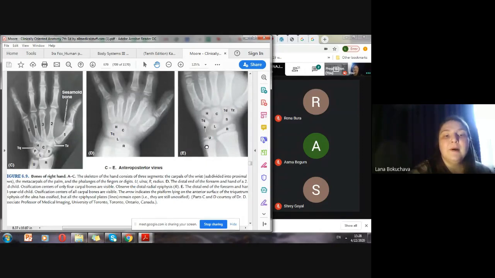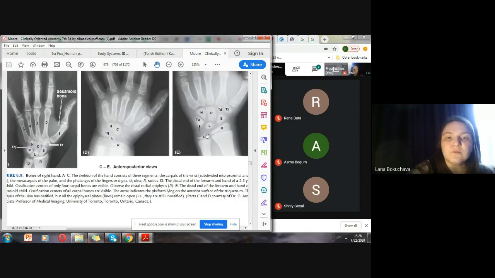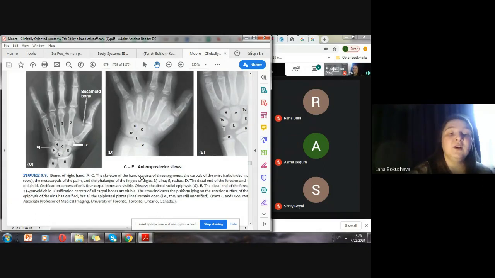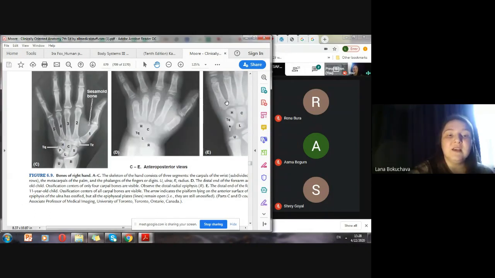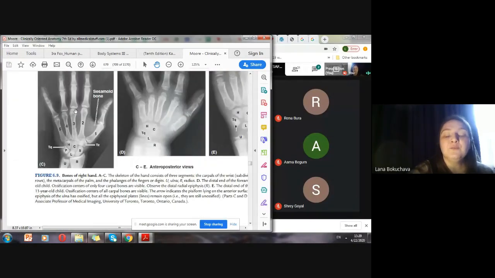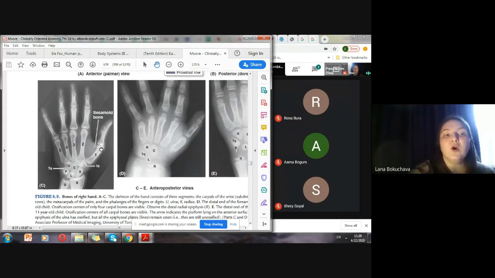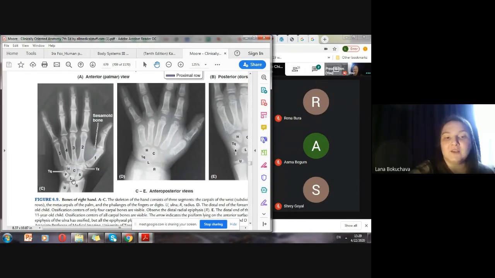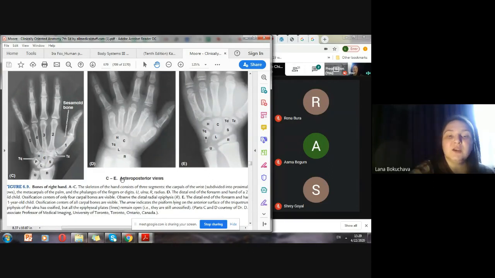as you can see. But you can see that there are still lines remaining because there is no complete ossification. In case of the C, this one and this one, these are the whole bones of the adult already with all of the ossification, compared to here and here, because you see there is still some segmentation because the ossification is not complete.